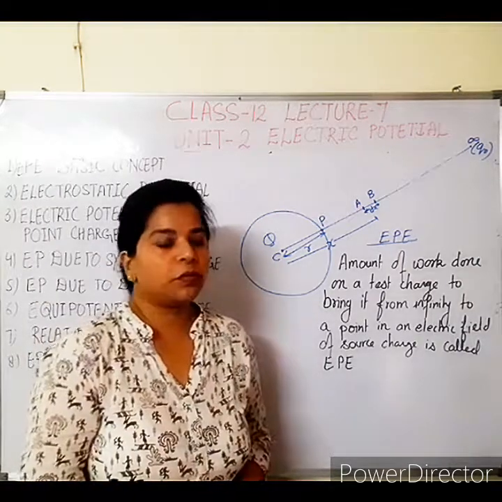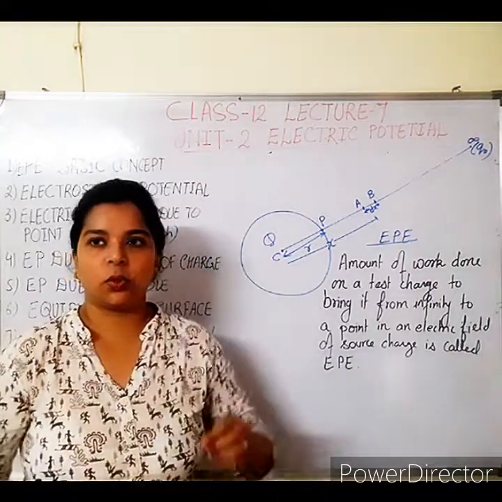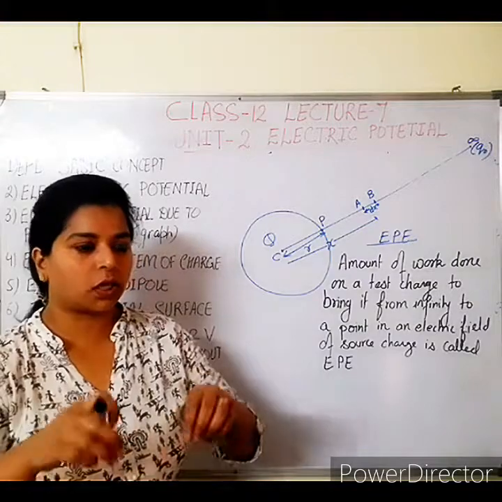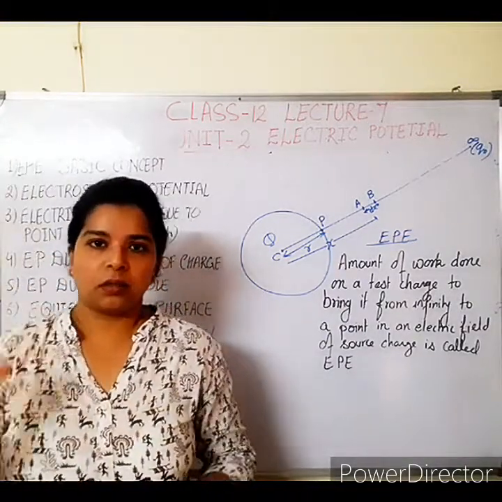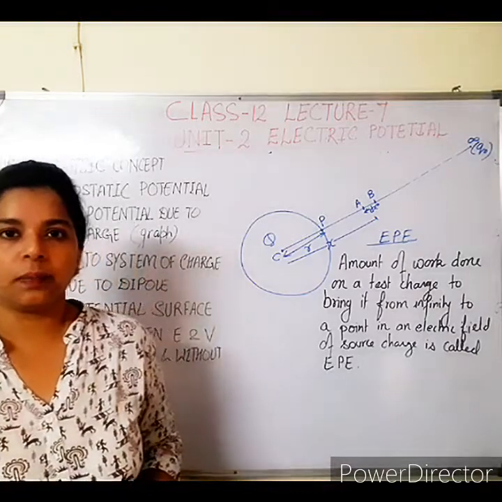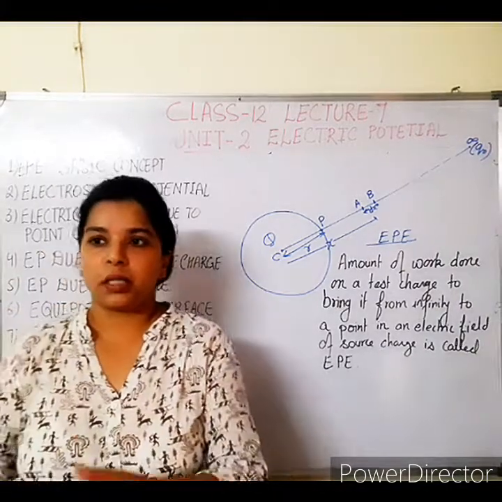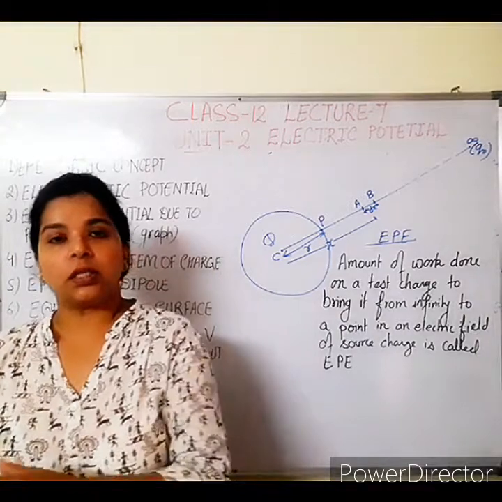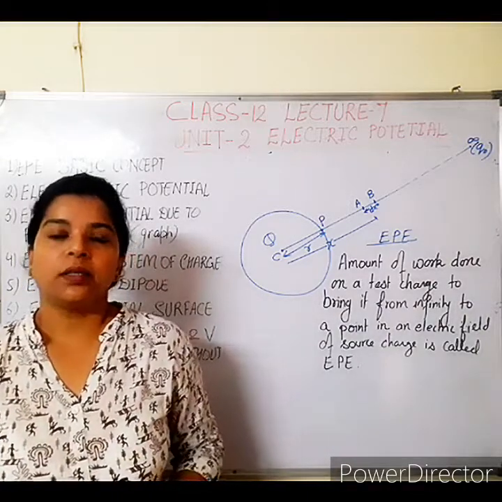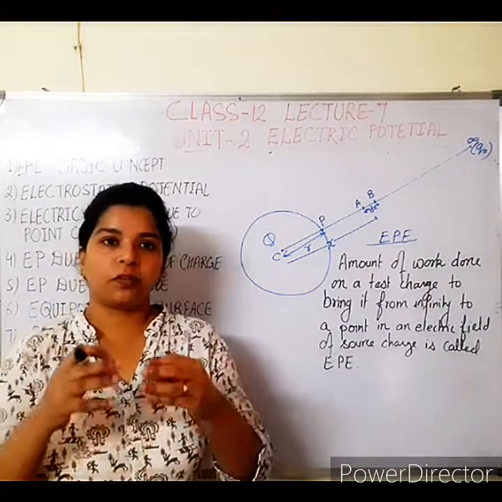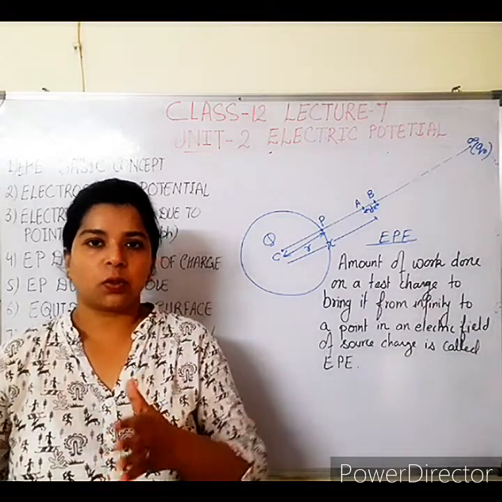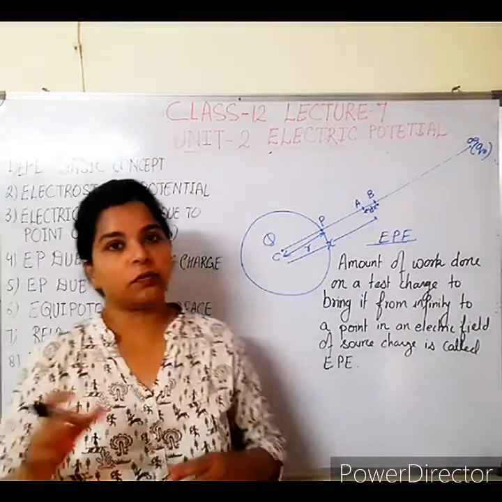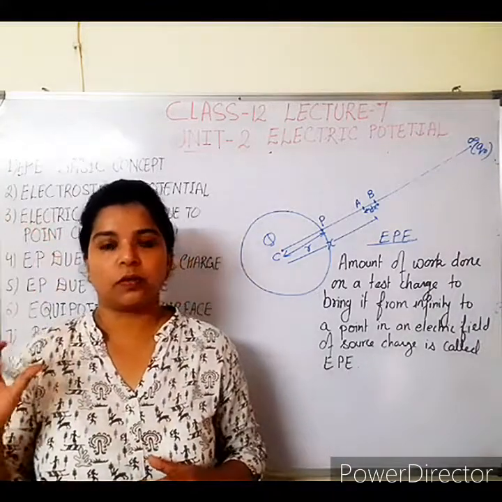Now remember, infinity does not mean that the source charge is situated in this room and infinity is in space. No, that is not the condition. Infinity is a place that may be situated in this room only. You know that the force of attraction and repulsion starts within a very small distance, so you cannot say that infinity is present only in space or in the universe.